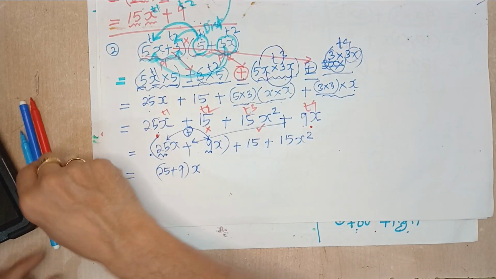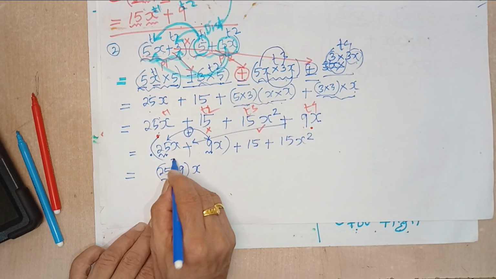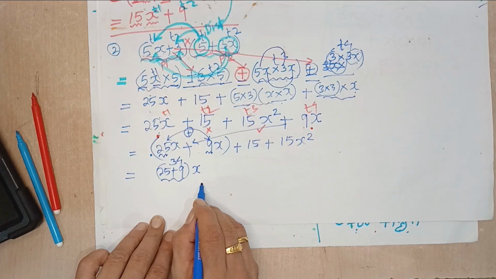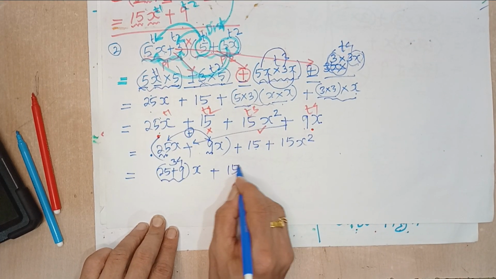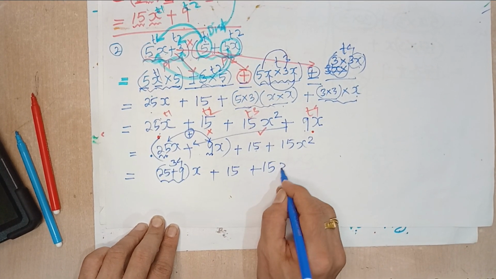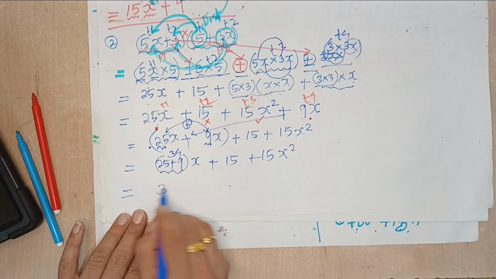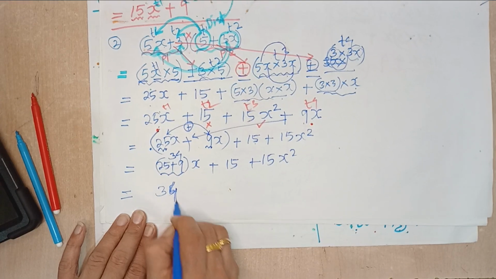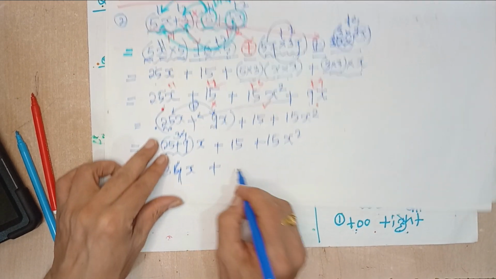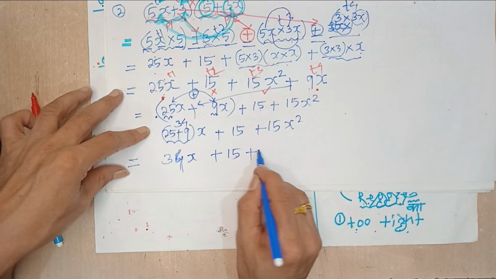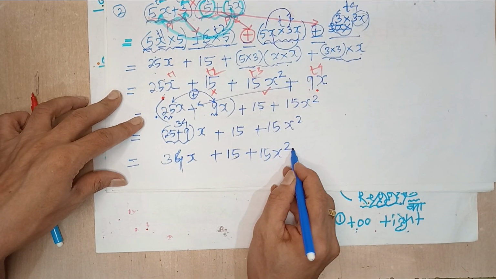So you will have 34x over here, plus the second term kept as it is, the third term kept as it is. Now this is 34x plus 15 plus 15x square.